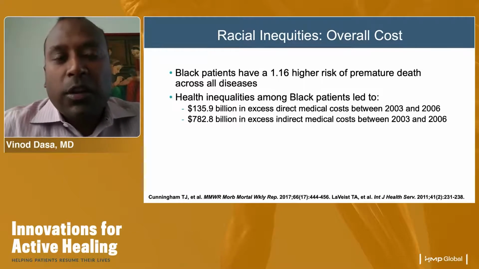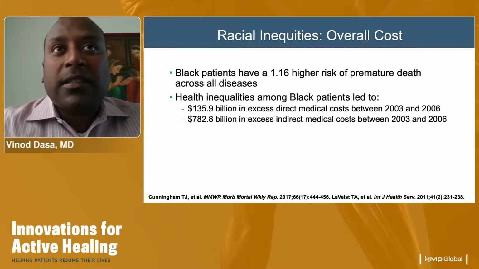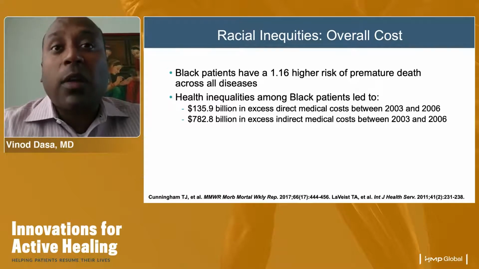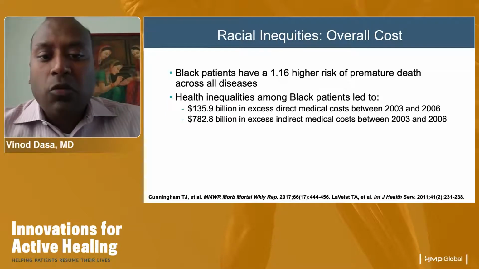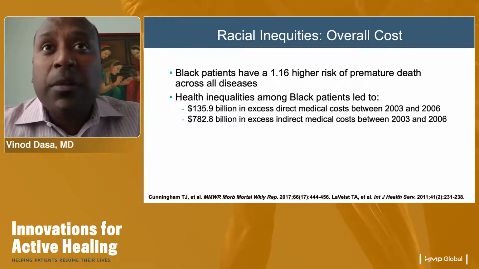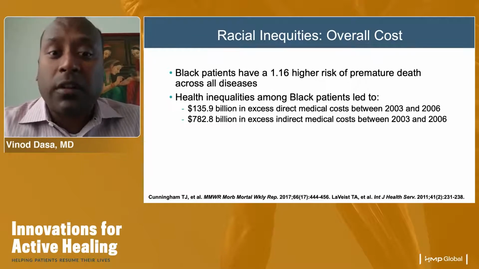If we look at the health economics data, the inequities and the disparities that Black patients or non-white patients are exposed to really cost the system a significant amount of money. If you look at direct and indirect medical expenses, you can see how much money truly is being wasted purely because of the color of somebody's skin.